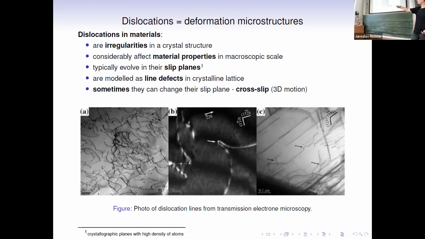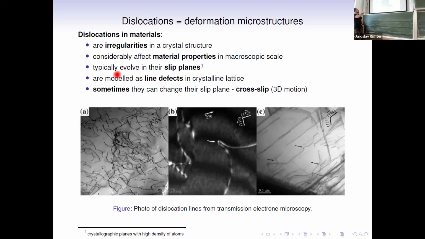The dislocations in the materials are described as irregularities or microstructure deformations in the crystalline structure. What is interesting, they can considerably affect, even on microscopic scale, the properties of the materials. We are discussing mostly crystalline solid materials, like metals.